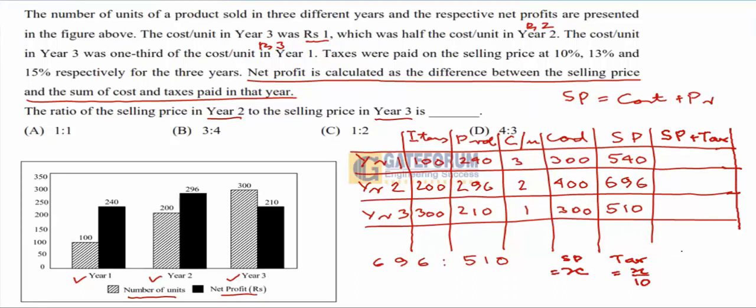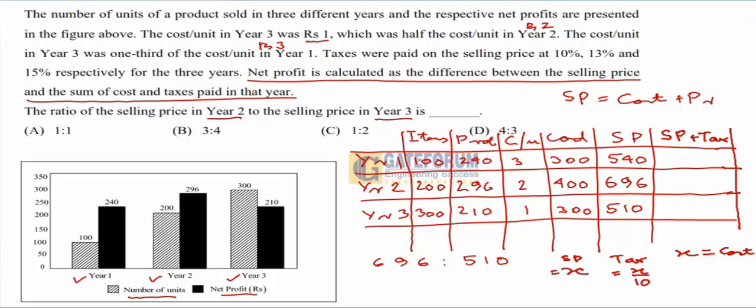So basically we have to say that X must be equal to cost plus taxes plus profit.